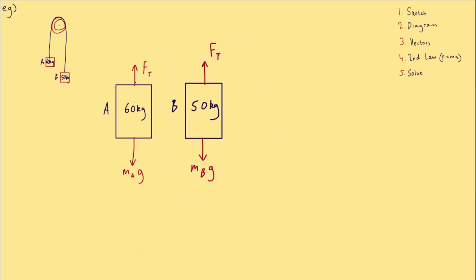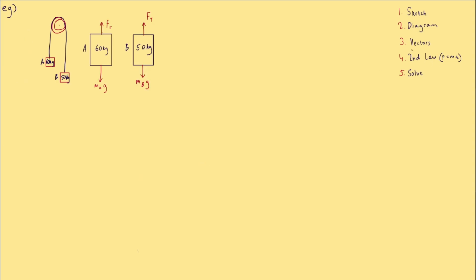Before we start solving the problem, let's decide our reference frame and coordinate system. Let's say that going down is negative y and going up is positive y. Now A is heavier, so its acceleration will be downwards. As A goes downwards, the pulley will pull B upwards. We don't have to do any vector component stuff because it's very simple, up and down.